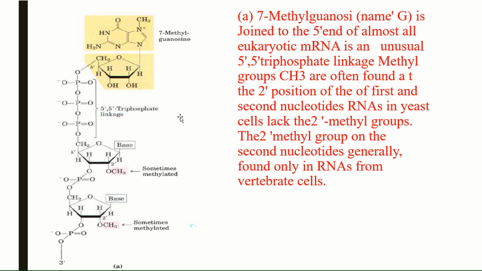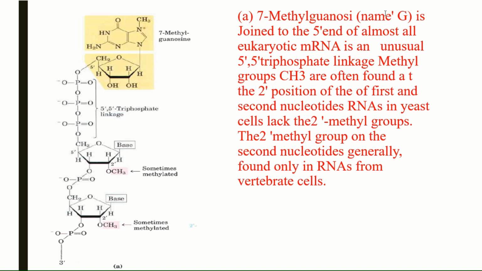This figure shows that three phosphate groups are added at the 5' position of a ribose sugar. This is one ribose sugar and this is the other ribose sugar, and in between these two ribose sugars a 5'-5' triphosphate linkage is formed.